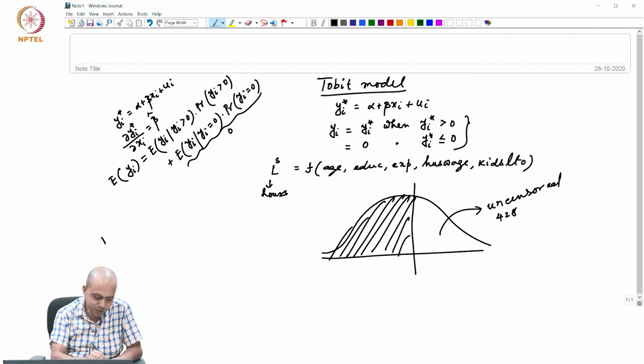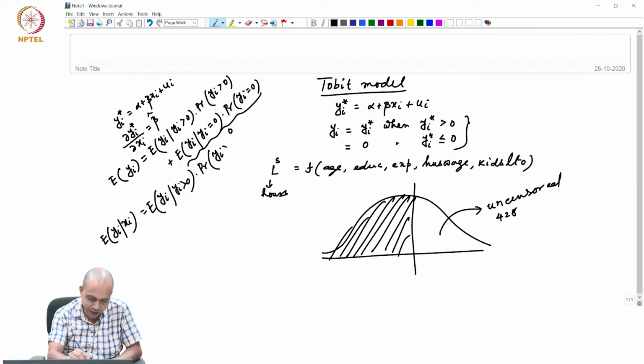That means the expectation of yi given xi equals the expectation of yi for yi greater than 0, multiplied by the probability that yi is greater than 0.